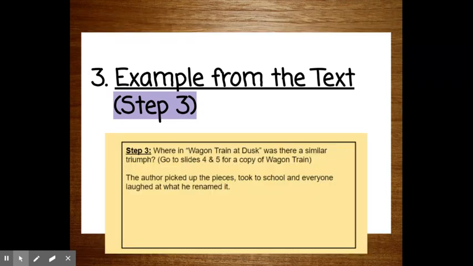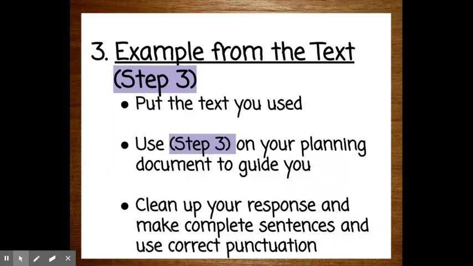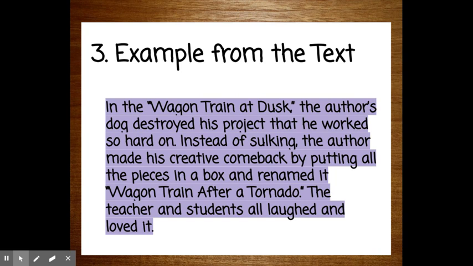And so you can see I just did one sentence here. And I need to remember to act like the reader of my response has never read this text before. And so I changed it. In the Wagon Train at Dusk, the author's dog destroyed his project that he worked so hard on. Instead of sulking, the author made his creative comeback by putting all the pieces in a box and renamed it Wagon Train after a tornado.